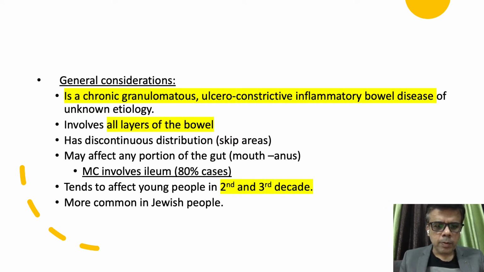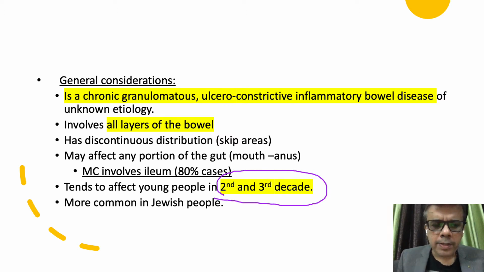It most commonly affects the small intestine, and the ileum is the most common site to get involved. It tends to affect people most commonly in the second to third decade, and is common in certain races like Jewish people. It has a discontinuous distribution. That means intervening normal areas are seen amidst the diseased segments.